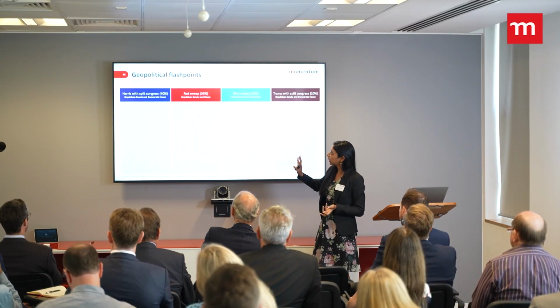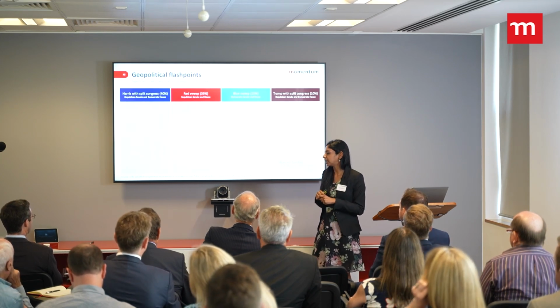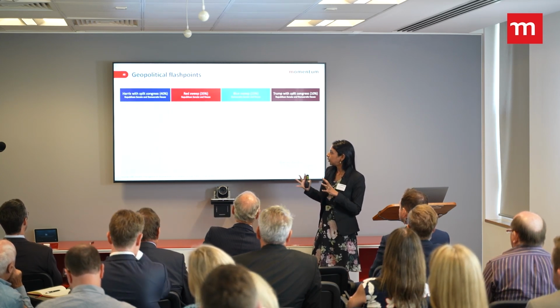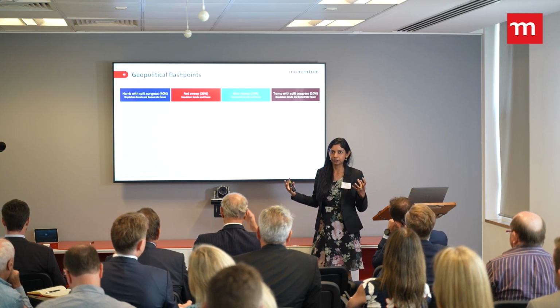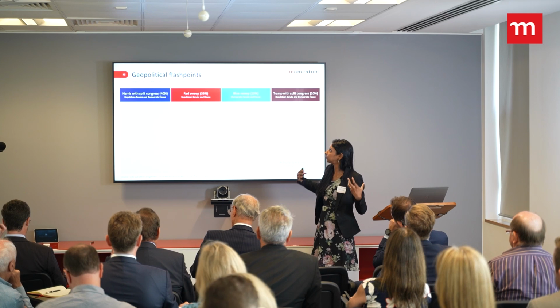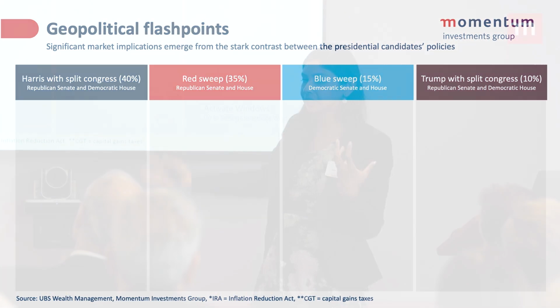Very quickly, I just want to give you an overview, and I know we did get a bit of this from the JP Morgan presentation yesterday, but we've got a spectrum of political outcomes that could arise from the US election. On one side of that spectrum is a red sweep, where we get a Republican Senate and a Republican House.